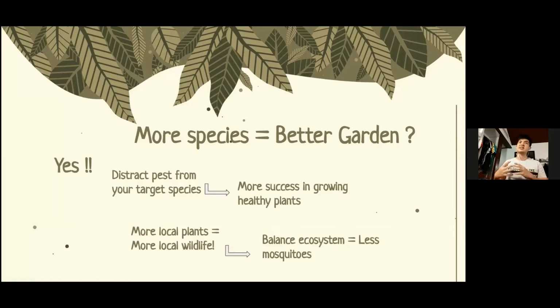Let's say you want to plant a vegetable like ladyfinger. Ladyfinger is very susceptible to pests, and you might want to plant other species like wildflowers, which can attract the pests to them. So it reduces the harmful effect on the ladyfingers that you want to plant, and can lead to more success in growing a healthier plant.